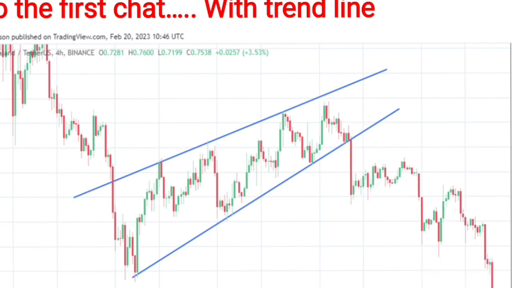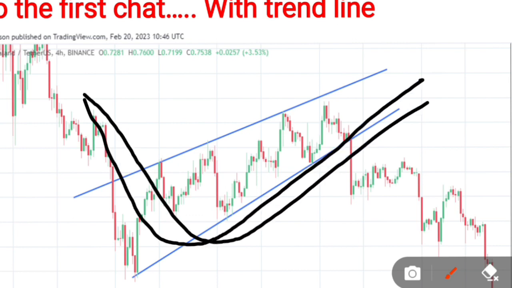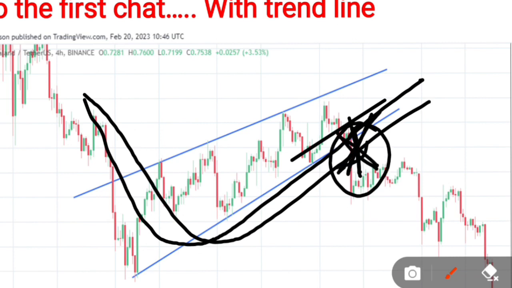So you should be able to draw these trend lines. They should help you. If you don't have the trend line, then you can as well use the moving averages. So once you have the moving averages, they could come like this, and they support the price action this way.